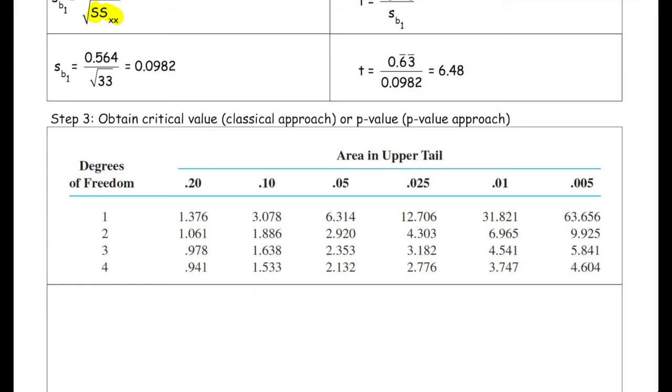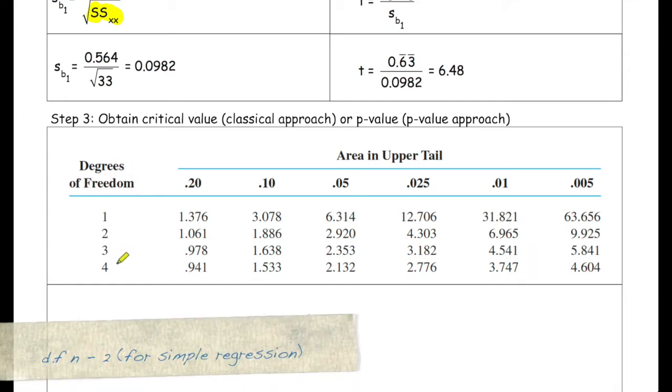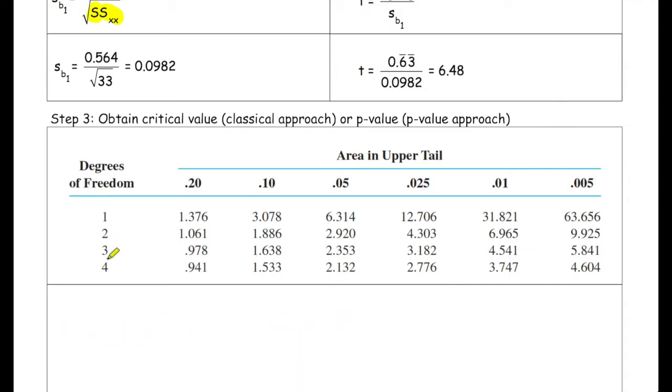The way that we do that is we simply work our way down to the appropriate degrees of freedom, which in the case of simple regression is always n minus 2. So in our example, n was 4. 4 minus 2 would mean that there are 2 degrees of freedom. In the very first row of your table, you want to go look for your value for alpha if you're conducting a one-tailed test, or alpha over 2 when you're conducting a two-tailed test.